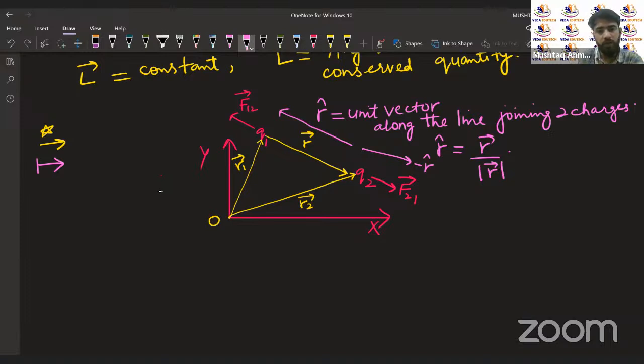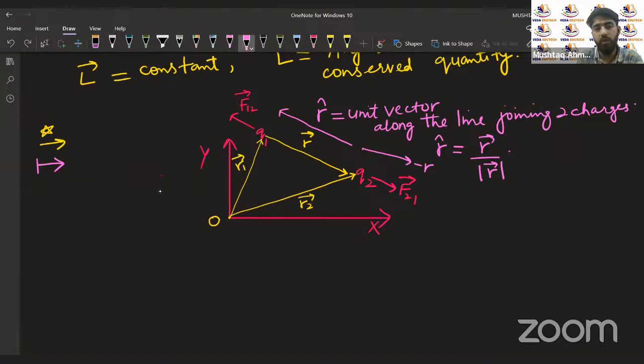Let's suppose that we are calculating the force on q1, F12. F12 will be given by, we know, let's do it like this: r1 vector, r vector, and r2 vector. R1 vector and r vector are in the same sense.